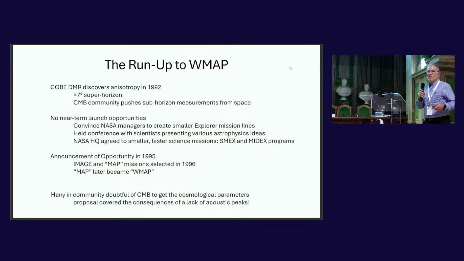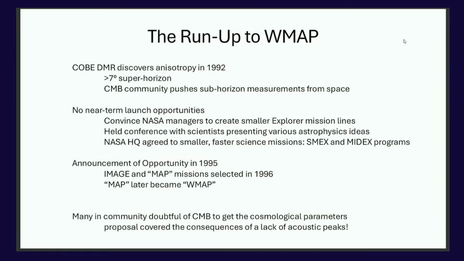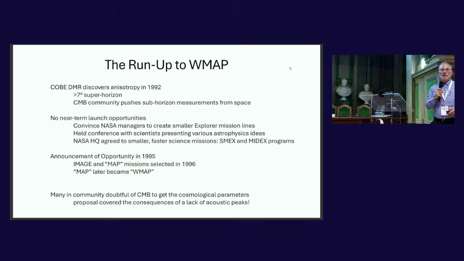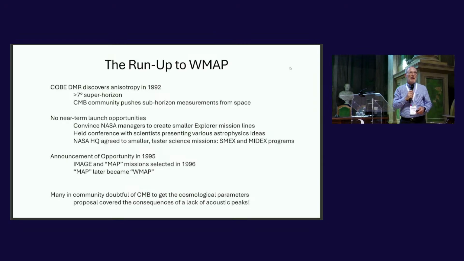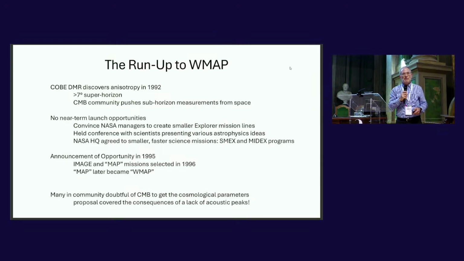And there were all kinds of meetings in different groups trying to think about this. To me, the big problem was that there was no launch opportunity. And so I schemed together with Steve Holt, who was the director of science at NASA, to try to convince NASA to do smaller, less expensive missions. And we had NASA managers in the room.